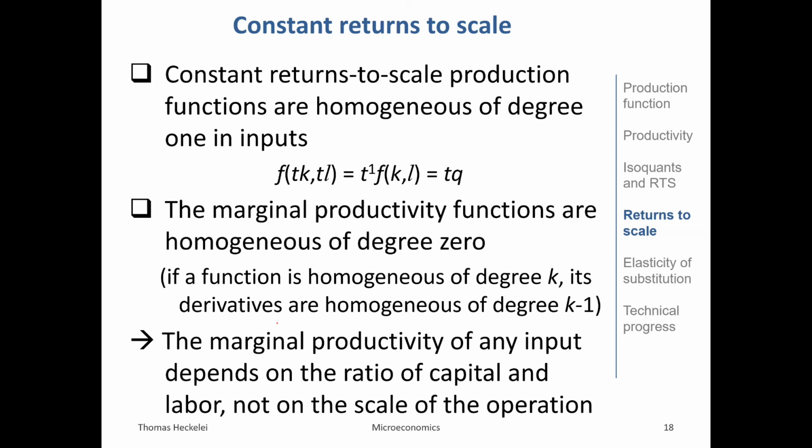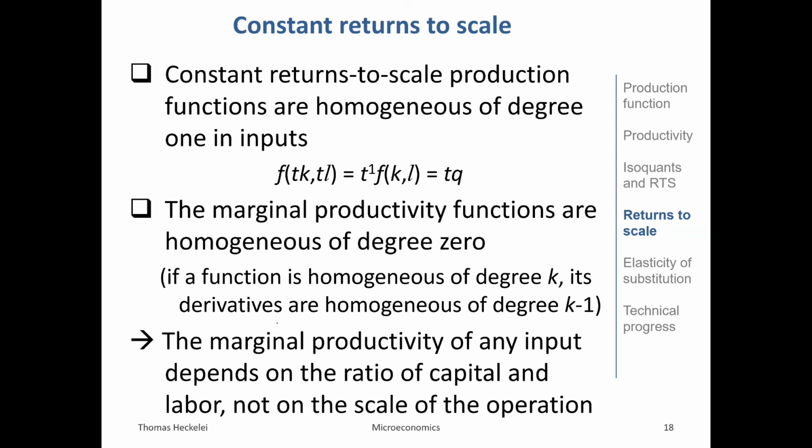Now, what is the implication of homogeneous of degree 0? That means if you doubled or multiplied all the inputs by the same factor t, you will leave the marginal productivity the same, remain unchanged like before, nothing changed. No? That's the definition of homogeneous of degree 0.